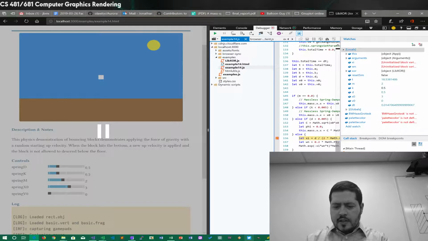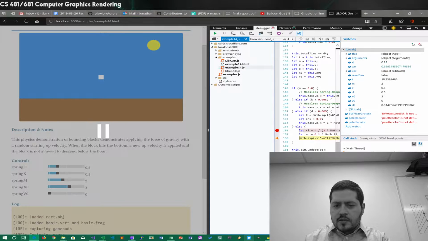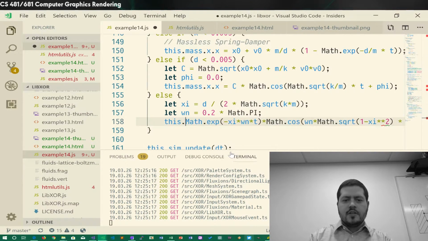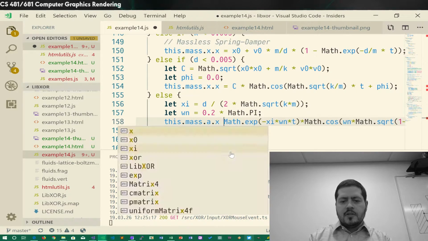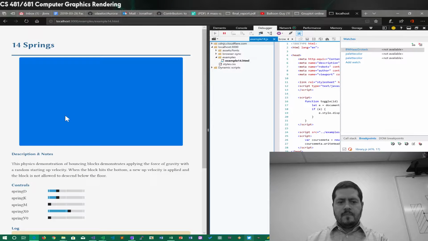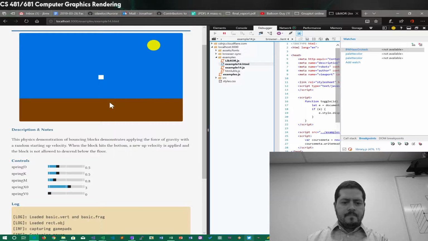So we stop here. Xi is a number. Oh, that's right. We have our scratch piece of paper out and we did nothing with it. What's that? You said it's a dot x.